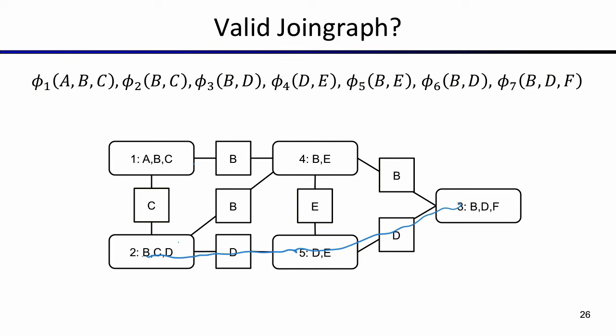Again, we have a sort of tree, so we have no loops, and we are fine with that. We can look at e. It is happening in these two clusters and the separator, so we are fine. And finally, f is happening here and only here, so it's fine. So we have a valid join graph.